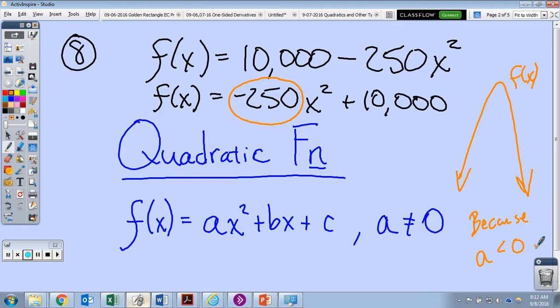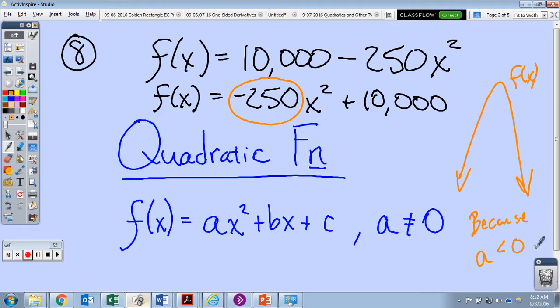X is the number of years that have passed since I purchased the car. So if I let f of x be 0, that's the value of the car, and I solve for x, I'll end up having two values for x. Only one of them will make sense, because one will probably be positive, one negative.